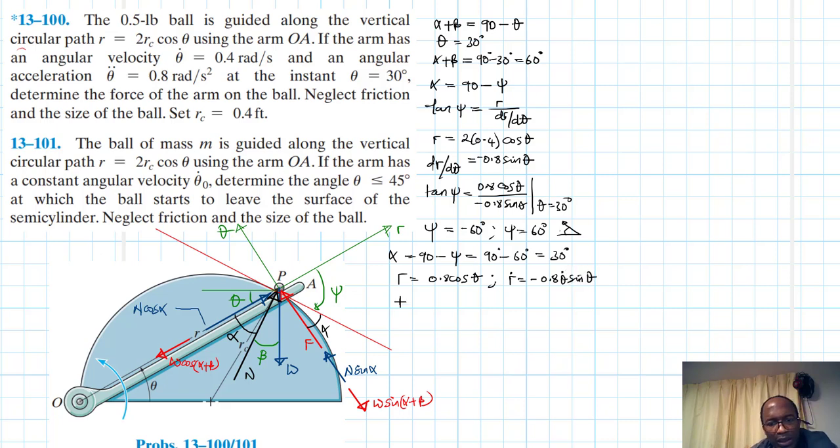And then r double dot using the product rule is equal to minus 0.8 open bracket, we find the derivative of one while keeping the other one constant, and then plus theta dot squared cos theta. We are using the product rule.